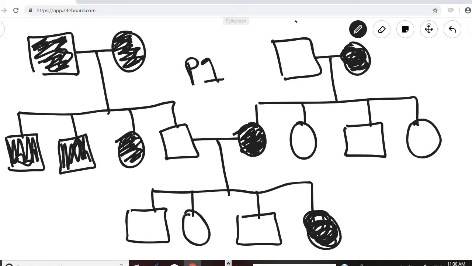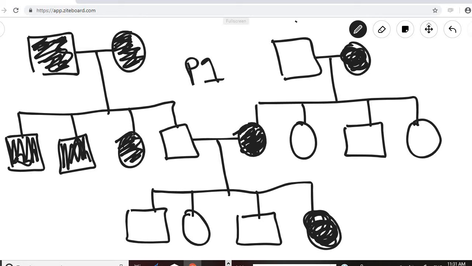So we had a black male mating with a black female, and 3 of their offspring were black, and 1 of their offspring was white. Now we can think through what their genotypes needed to look like in order for them to be white.